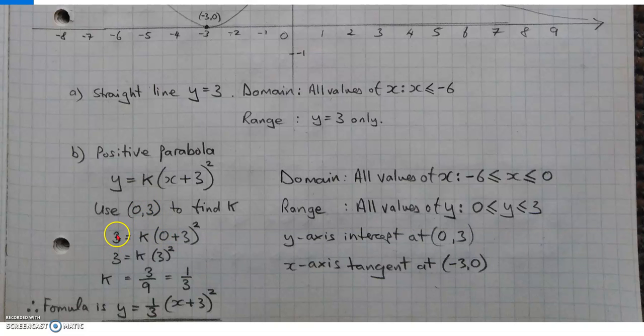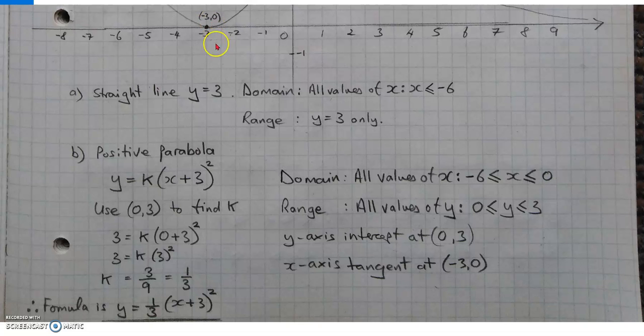Now I work this out for k. Well, 0 plus 3 is 3. 3 squared is 9. And I'm going to cross multiply the 9 to give me 3 over 9. So k is equal to 1/3. So you put that 1/3 back into your formula and you write the complete formula like that. So that is the complete formula for that parabola.